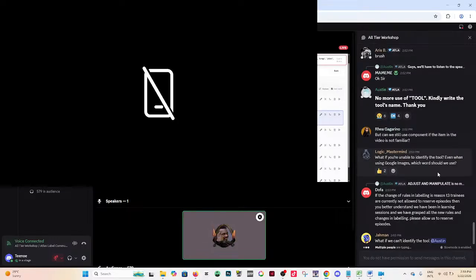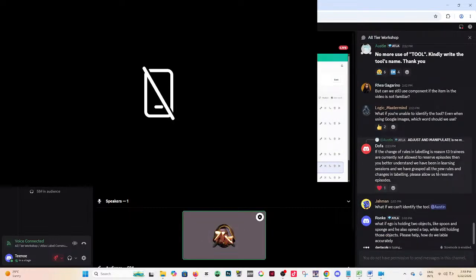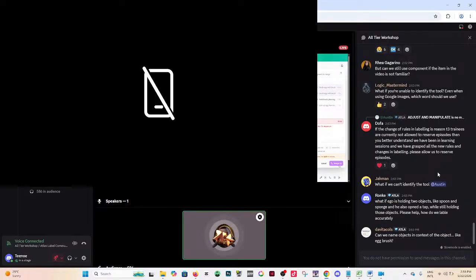So that will be one of the ways to use the word component. Okay. So that is the changes for the merging. If it's more than 10 seconds, you cannot merge it. So you can just leave it as is.